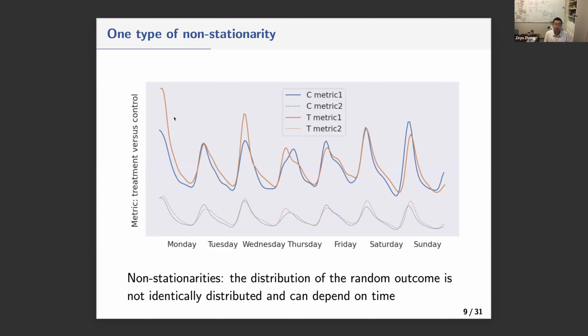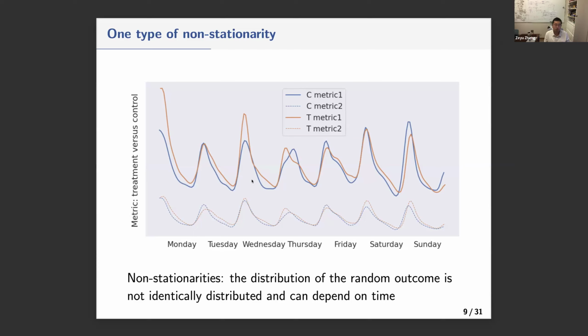And we see that both the treatment and the control, in terms of their effect, depend on the time. Even though it's not explicitly plotting their difference, T minus C, we can see from this plot that if we subtract T and C at the same time, the difference is also changing with time. This is the type of non-stationarity this part of the presentation is concerned with, and the different reasons that cause these types of non-stationarity.